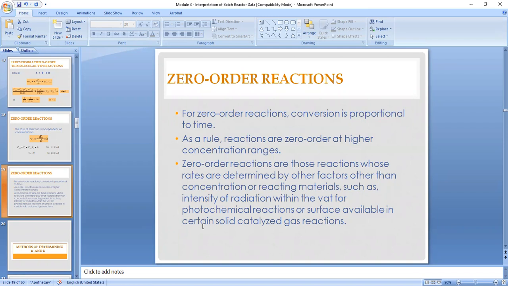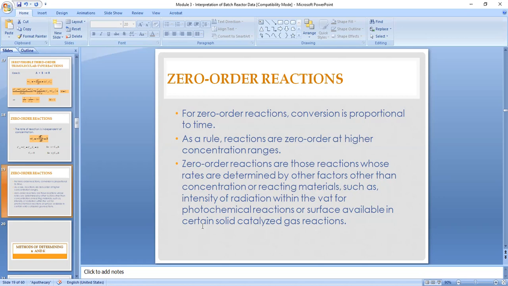At very high concentration ranges, it becomes zero order because the rate of reaction is not dependent on the concentration of that particular species. Why? Because its concentration is very high. So after some time, there is not much change in the concentration of the thing that is being used up in the formation of the product. So it's zero order at very high concentration.